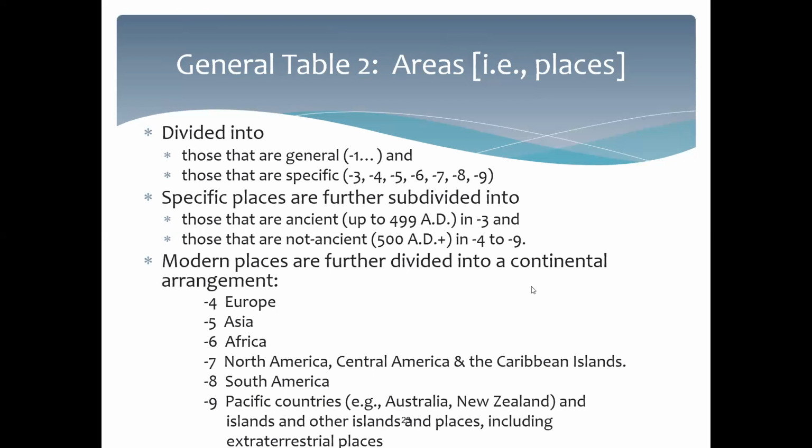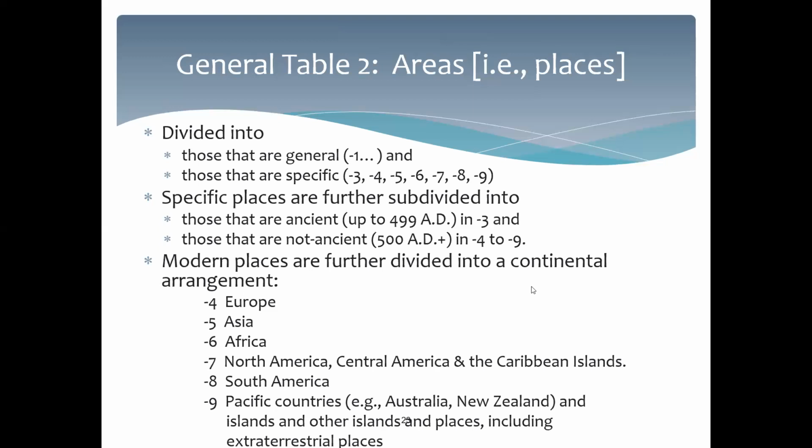If you have something that is related to, let's say, North Carolina, then you're going to look under modern places, but then you're going to look under North America. And then, of course, you're going to look under United States, because there are other places in North America besides the United States, and then you're going to go down to the state level for North Carolina. If you have a particular country, you're going to go all the way down to that country level.